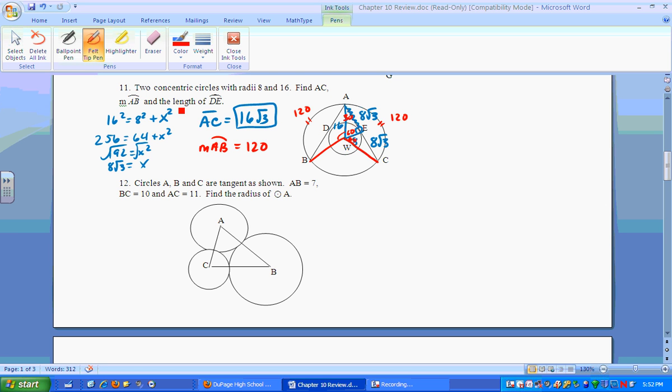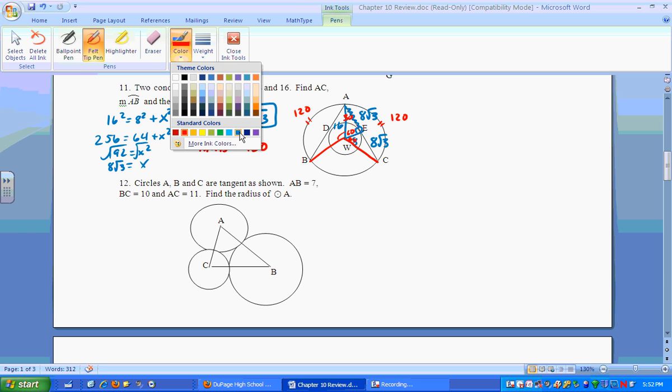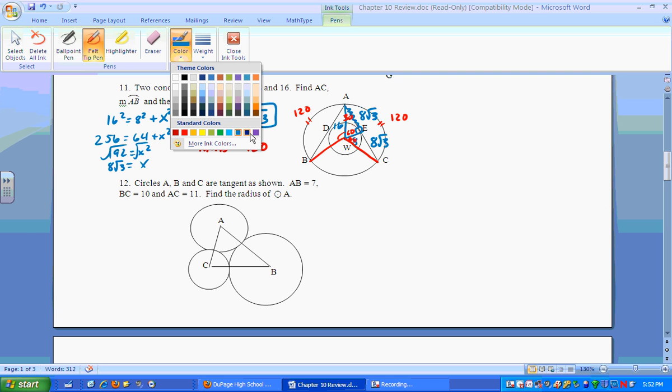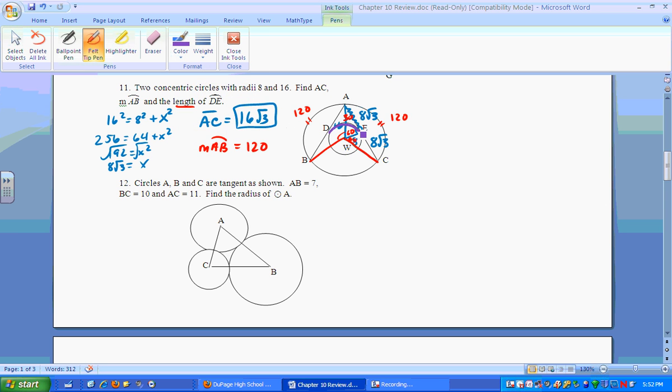And last but not least, we want to find the length. Remember, length is not a measure. It's an actual length, using the circumference. So if we want DE, all right, we'll do a different color. If we want DE right here, we need to figure out the measure of that. Well, if that's 60, this has to be 60.